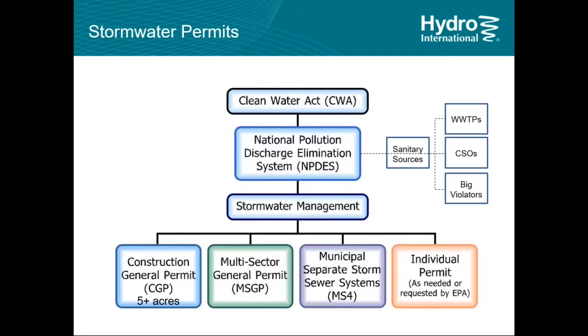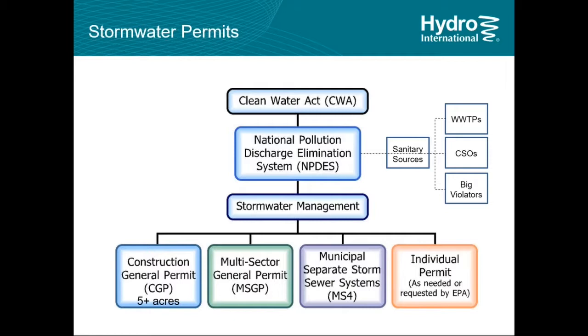You'll hear me call that the IGP, and that stands for Industrial General Permit. There's acronyms for everything, so I'm sure most of you are aware of that. And if I gloss over some, I apologize. I'll try to spell out each acronym as I go. There's the MS4 permit, the Municipal Separate Storm Sewer System. And then there's the infamous individual permit, if you're lucky enough to have one of those.